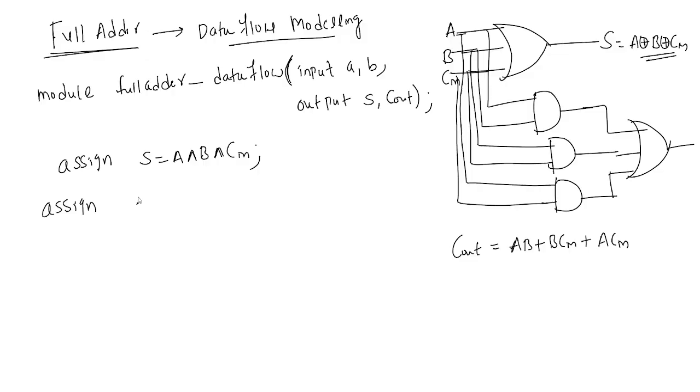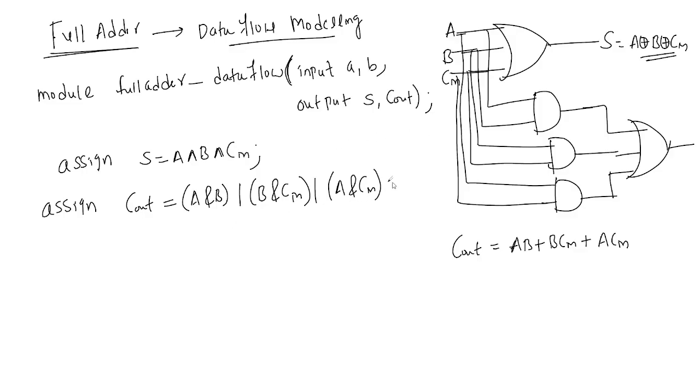Next, assign carry out equal to what? Carry out equal to A and B, or B and C in, or A and C in, by using bitwise AND and OR operators.